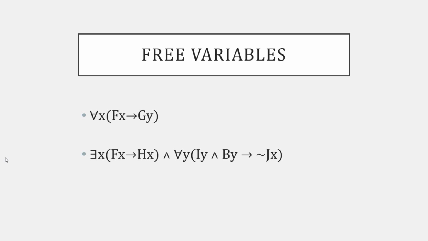It says these are two fully separate sentences. There exists an x such that if fx, then hx. Good. And then the scope of that quantifier is done. Now we started up a whole new scope of this quantifier for all y. And this x is hanging out not within the scope of a quantifier that ranges over x's. So this is a free variable, and I can't say that. There's no English sentence that makes sense that I could say there.